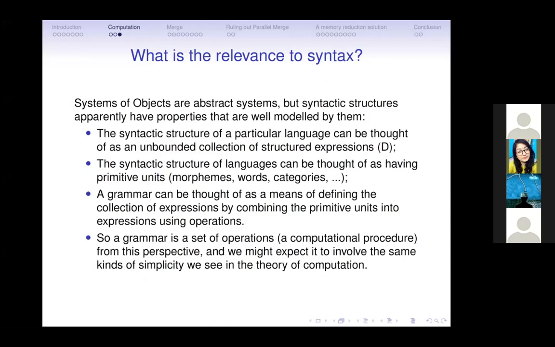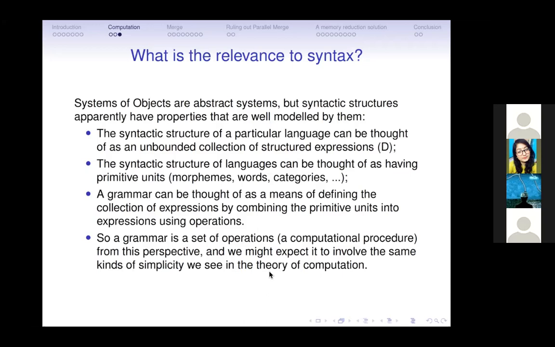So the syntactic structure of a language can be thought of as an unbounded collection of structured expressions of that language. And we saw from Tanmoy's talk just now how complex those structured expressions could be, right? They can involve agreement with subjects and objects and with allocutive addressees and so on. They can be pretty complex, right?